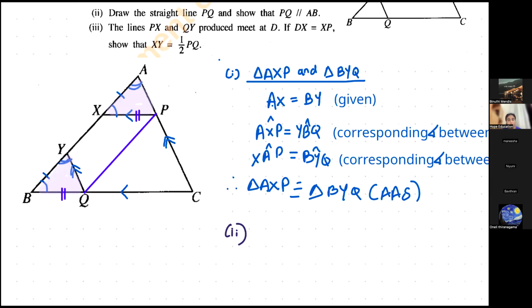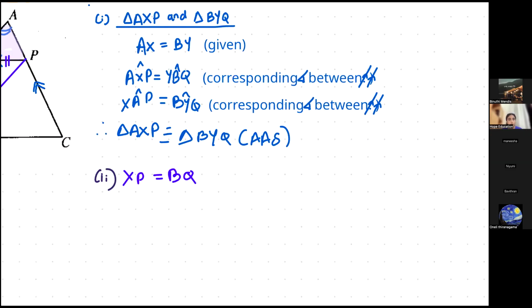XP is equal to BQ, right? Reason is corresponding sides of congruent triangles. You can just put the triangle sign.